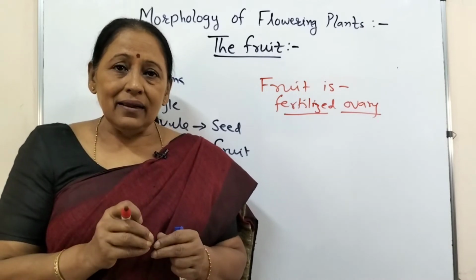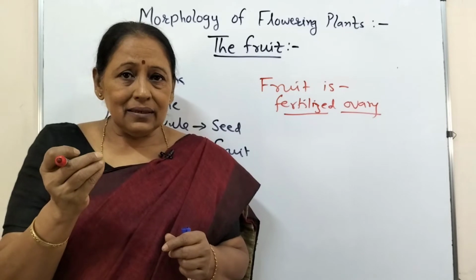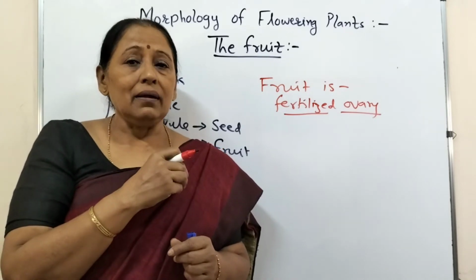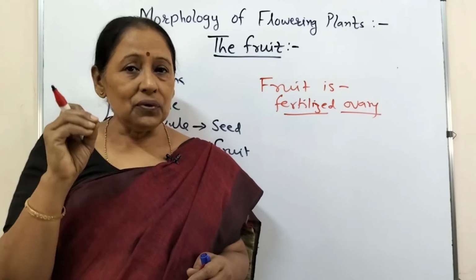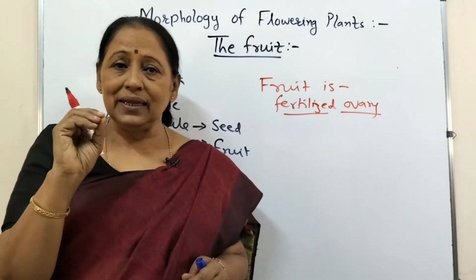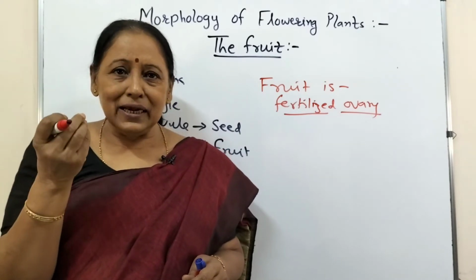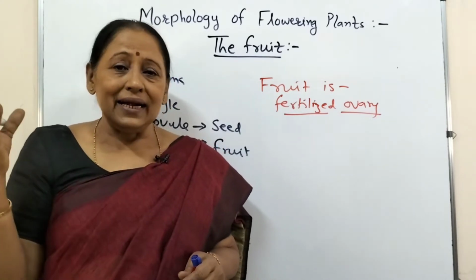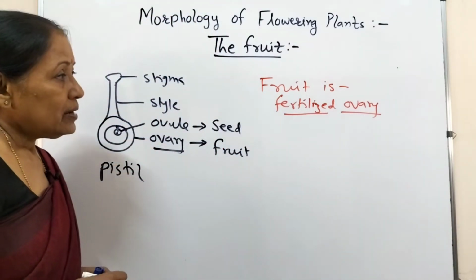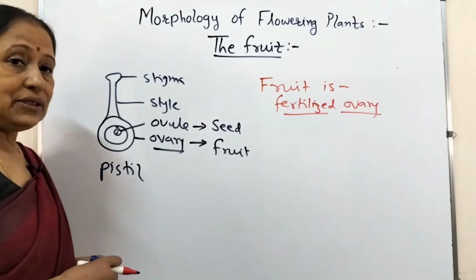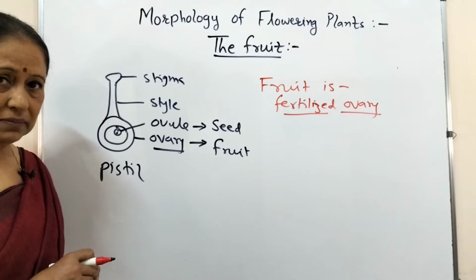It is asking the animals that you help me in dispersal of my seeds and I will give you the juicy fruit in return. And it has tremendously helped the angiosperms, and you can find them everywhere. So, the fruit is fertilized ovary, which is found only in case of angiosperms.